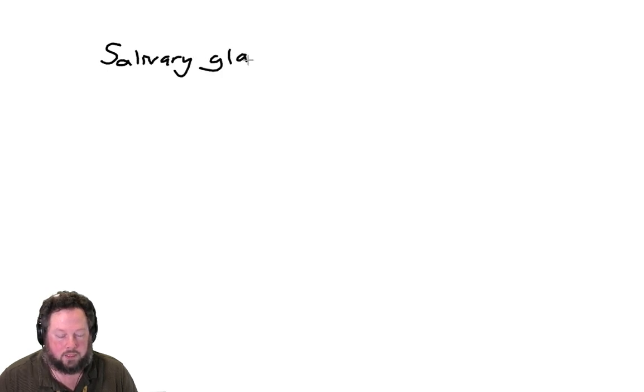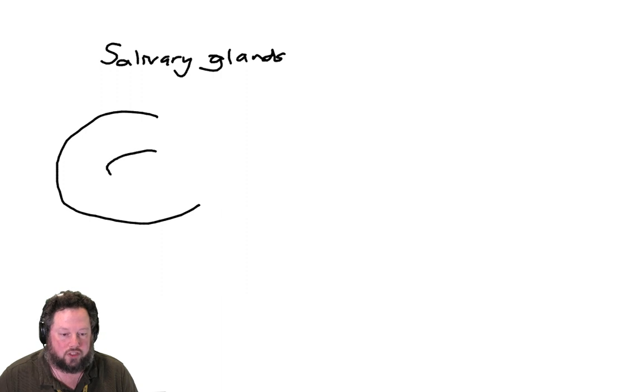All right, so we know that for the salivary glands, they're often arranged into these round sort of structures here. Okay, so we have our salivary glands.